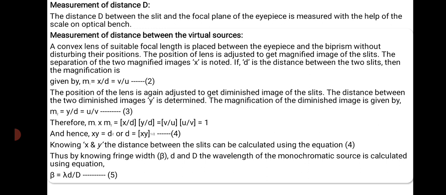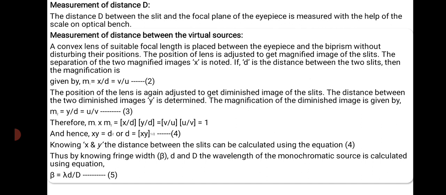The position of the lens is again adjusted to get a diminished image of the slit. The distance between the two diminished images, y, is determined. The magnification of the diminished image is given by m2 is equal to y by d, which is equal to u by v.